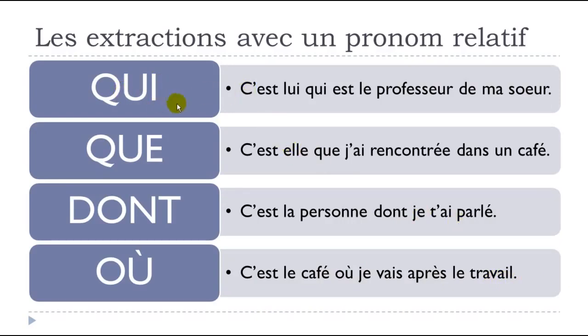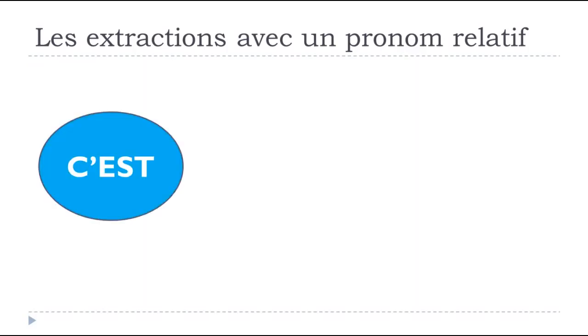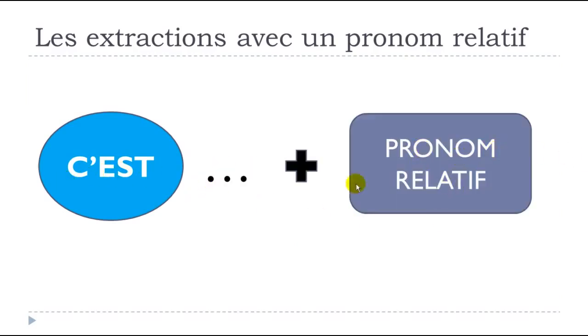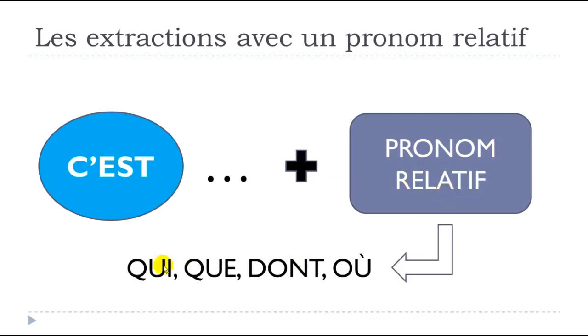Qui, que, dont, où. Remember, qui, subject; que, complément d'objet direct; dont, complément introduced by the preposition de; and où, when it's a place. So, one more time, c'est, followed by le pronom relatif qui, que, dont, où.